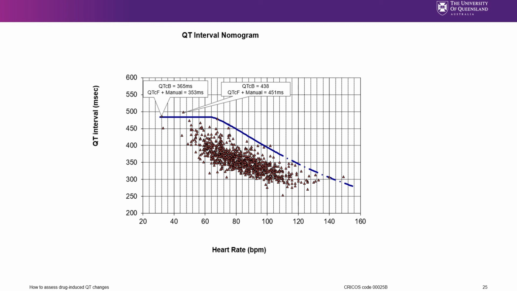It is therefore likely that we greatly overestimate the risk of drug-induced QT prolongation in clinical practice. In fact, much of drug-induced QT prolongation is likely due to drug-induced tachycardia. This is because we know that Bazett's formula overcorrects at high heart rates.